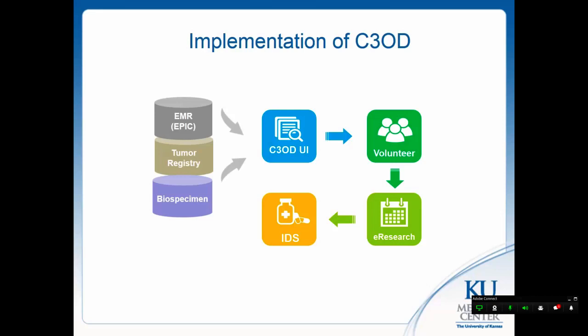I'm going to jump to this slide to just show the various systems that our team manages as of today. So we have C3OD, which we call the Cancer Curated Clinical Outcomes Database, which is more or less like a data warehouse where we pull data from multiple sources, like the EMR, the tumor registry, and the biospecimen, and the plan is to bring in omics and some of the sequencing data too.